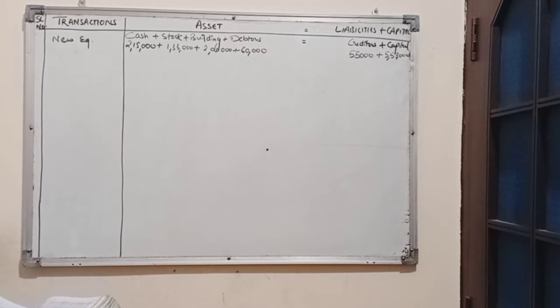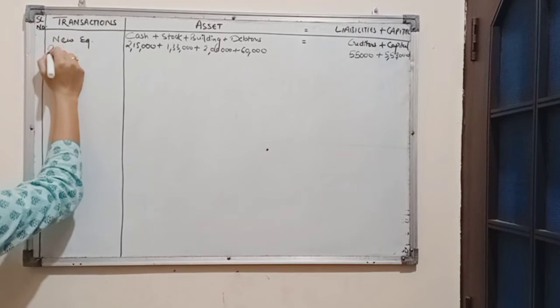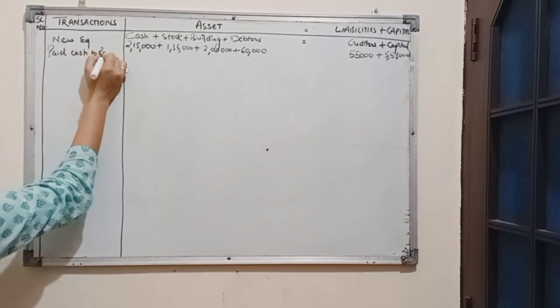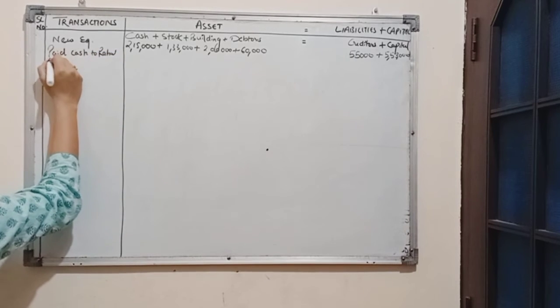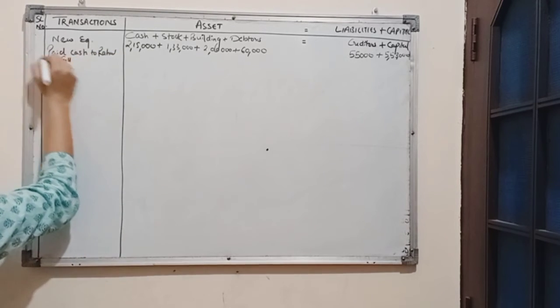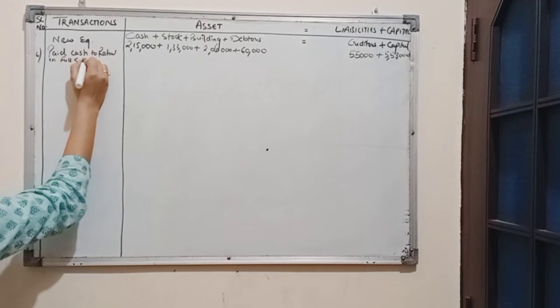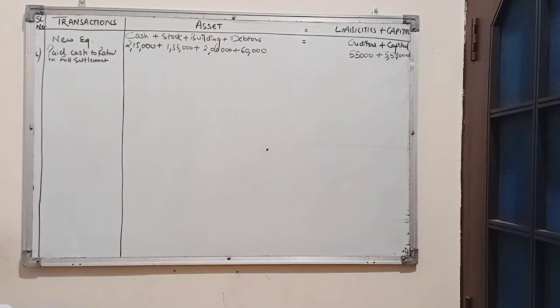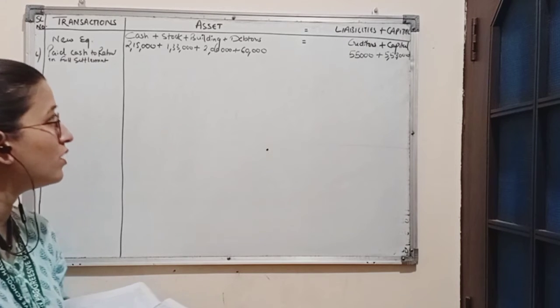Now next transaction is paid cash to Rahul in full settlement. This is the sixth transaction. Now, cash has been paid to Rahul.